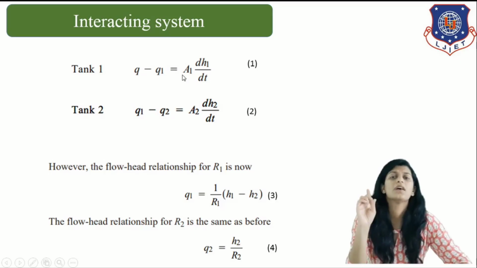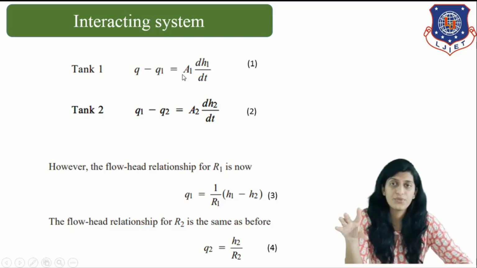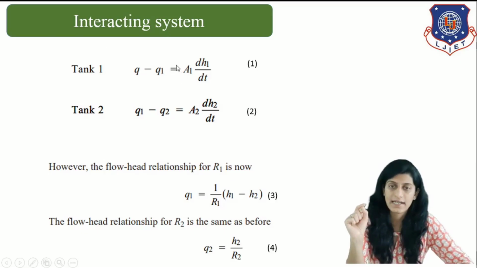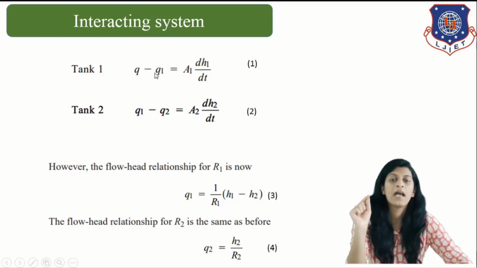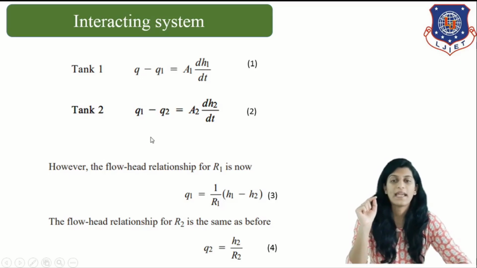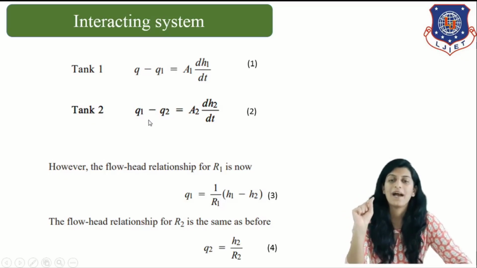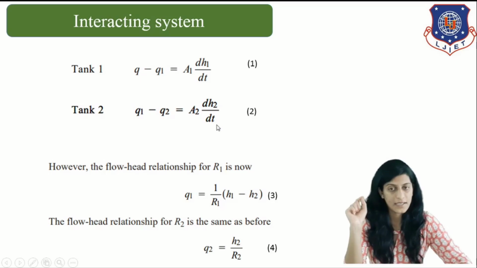In simple terms, the equation which we have used in our liquid level system will be used in this interacting system. So it will be inlet minus outlet equals accumulation. Same way for tank number 2, inlet is Q1, so it will be Q1 minus outlet Q2 equals A2 dH2 by dt.